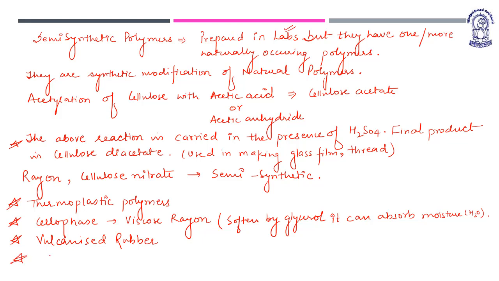Gun cotton, which is cellulose nitrate, is used as an explosive. Rayon is also known as artificial silk.